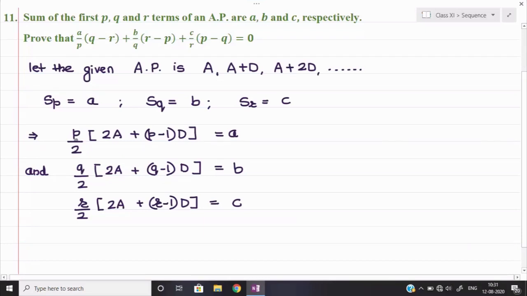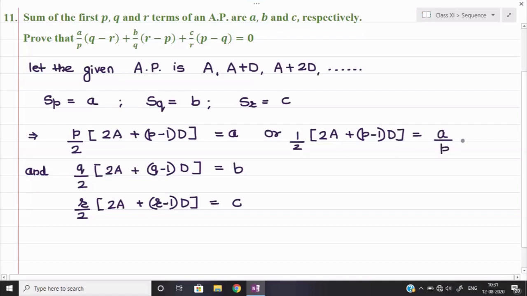This p, if I transfer it to the side of a, I can write this equation as 1 upon 2 into the bracket 2A plus p minus 1 into D is equal to a upon p.